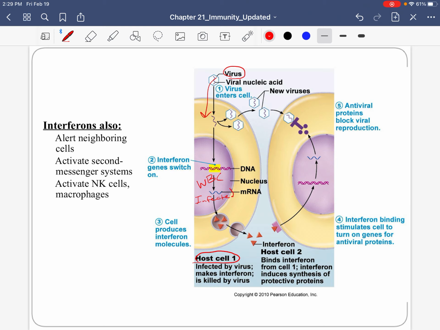But what that infected white blood cell does before it dies is it releases these orange triangles called interferons. And these interferons travel to nearby cells. So here's a nearby healthy white blood cell.